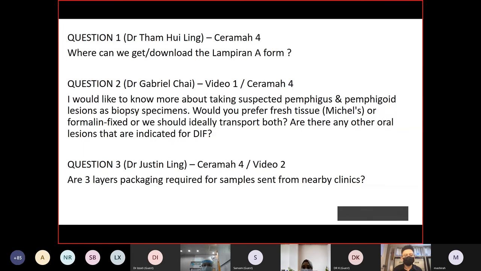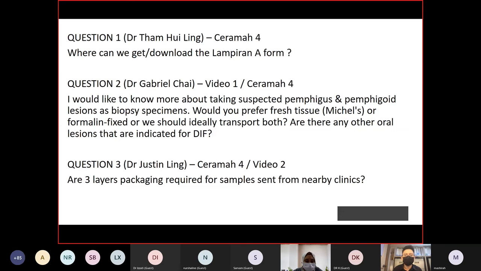Usually we use it to diagnose suspected autoimmune disease, connective tissue disease, or vasculitis. But on our side, usually we use it for blistering disease, vesicular lesions, pemphigus and pemphigoid.